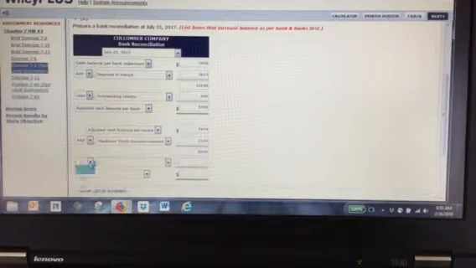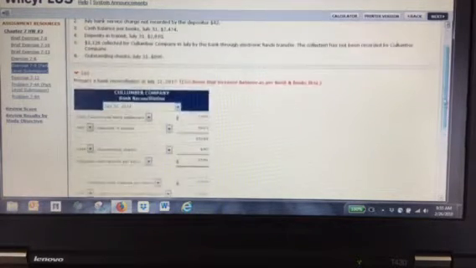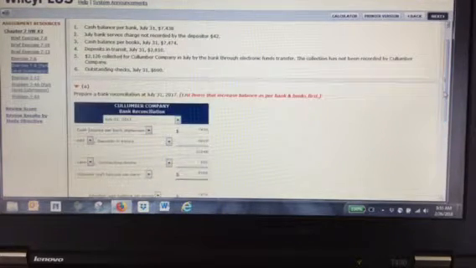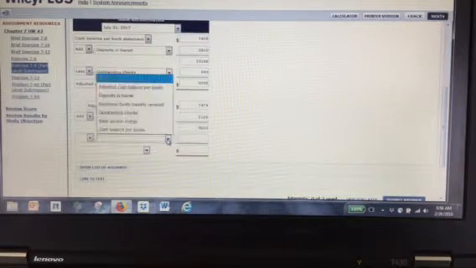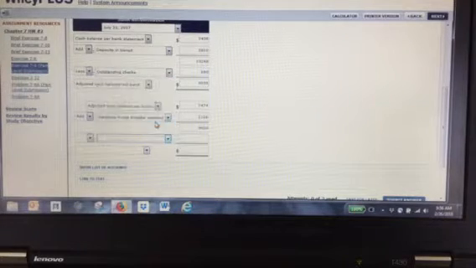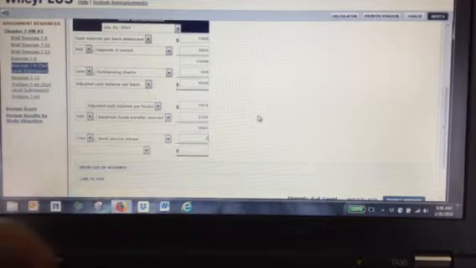And then the last thing we do is we need to go up here and put the service charge in. The bank charged us here on line number 2, which is $42. So we need to take a bank service charge here, put that in this line and subtract the $42 from our balance.